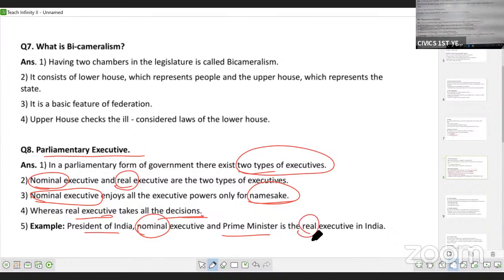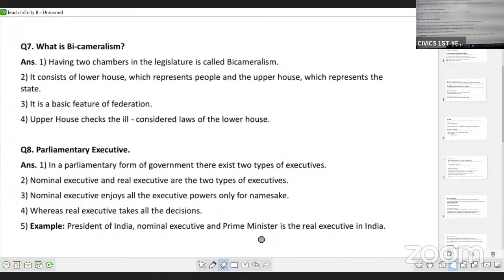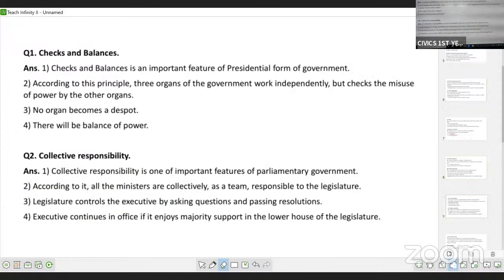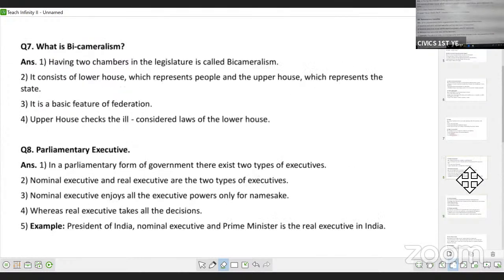Okay, this is your parliamentary form of government. In parliamentary form of government, there exist two types of executives.